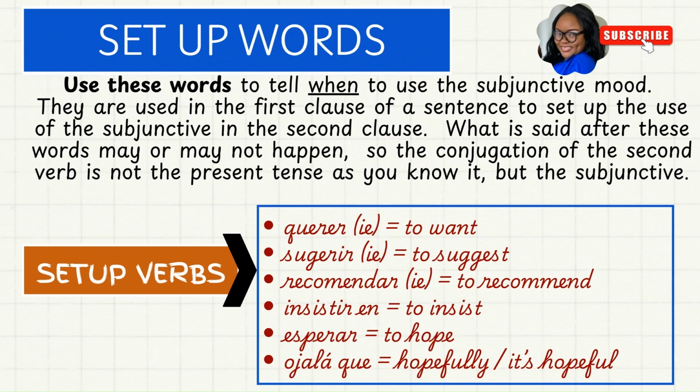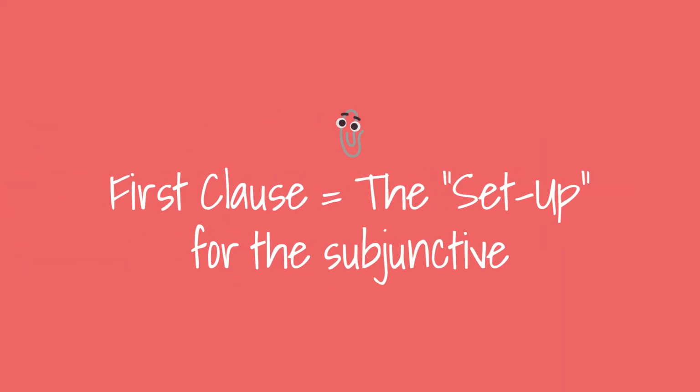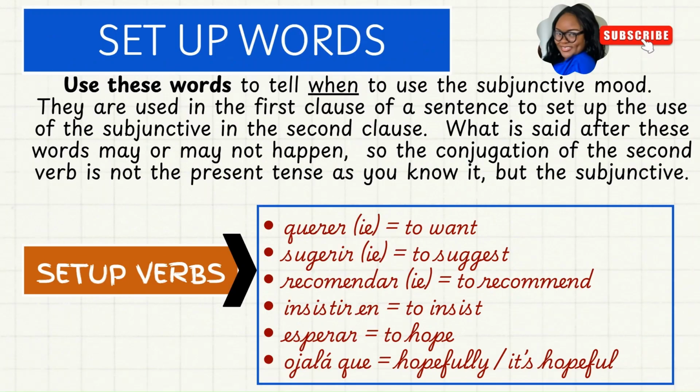The first part of the sentence is what I like to call the setup part, where you can identify the setup word that helps you to trigger or to predict when the subjunctive is necessary.